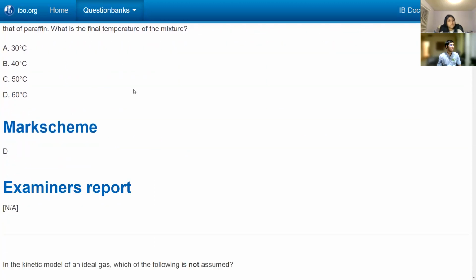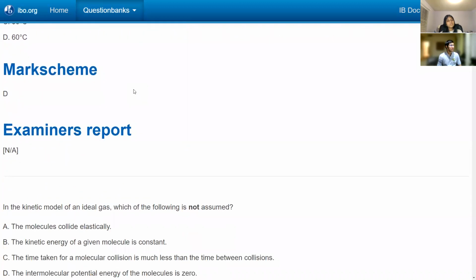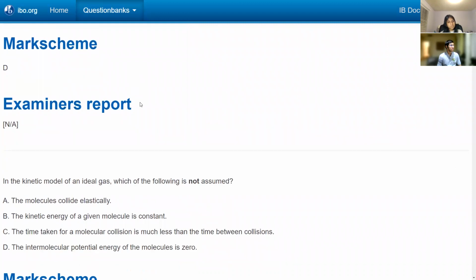Okay. Kinetic model of an ideal gas, which of these is not assumed? We do assume A. We do assume C. I think it's, wait, B. Yeah, it probably is B, but why do you assume C?